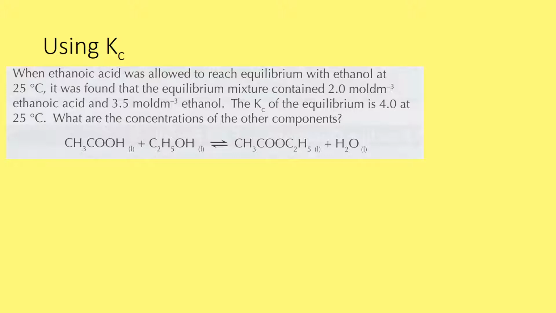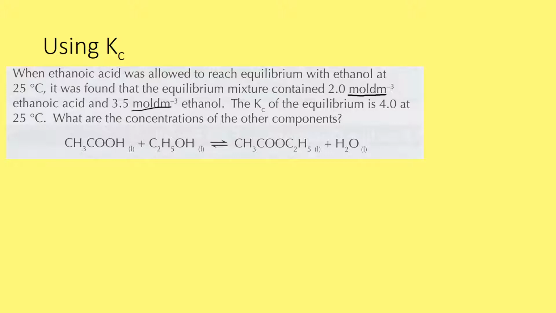When they react, they make an ester, and it was found that the equilibrium contained 2 moles per dm cubed of ethanoic acid. Notice that that's already a concentration. And also 3.5 moles per dm cubed of ethanol, the other reactant.